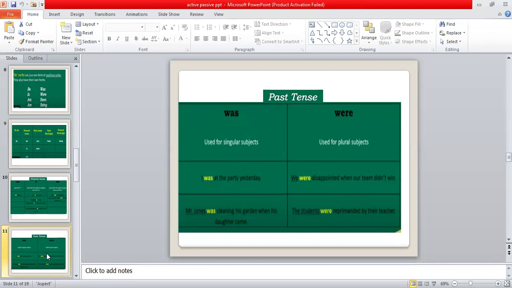The signal words will tell you, like yesterday, previous day. So if the sentence is written in the past tense, the past forms of be will be used. And what are the past forms of be? They are was and were.